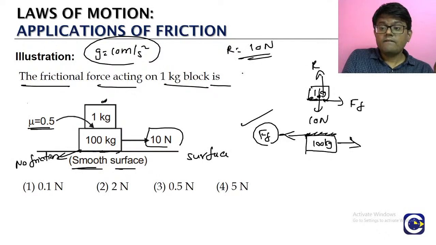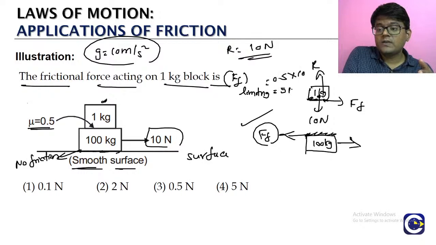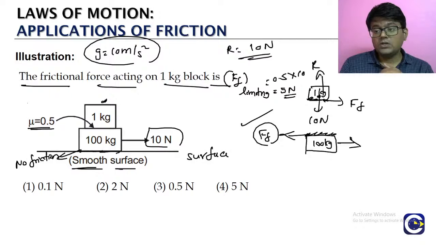So from here we can find the limiting value of the friction. Mu is 0.5 into normal reaction 10, which is 5 newtons. The limiting value of friction that can act on the 1 kg block will be 5 newtons.